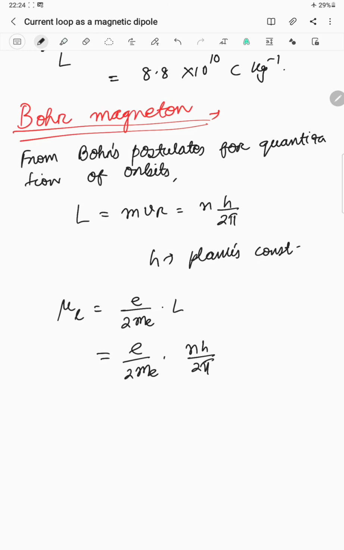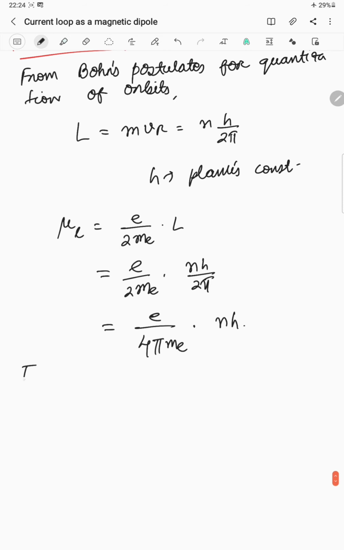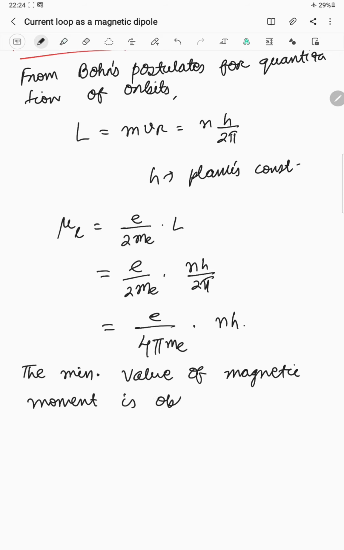Okay, so what we'll do next? It will be e by 2 into 2 pi me into nh, that is e n h by 4 pi me. Clear? Then the minimum value of the magnetic moment, the orbital magnetic moment, is obtained by putting what value for n?